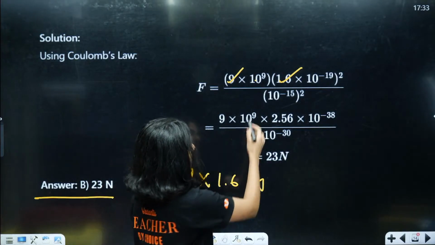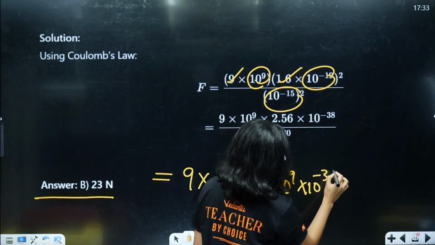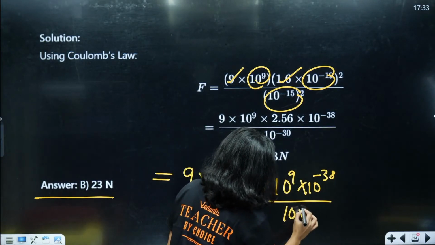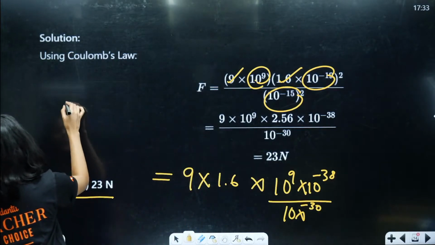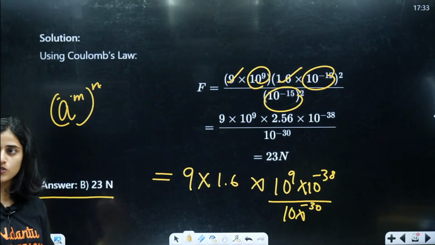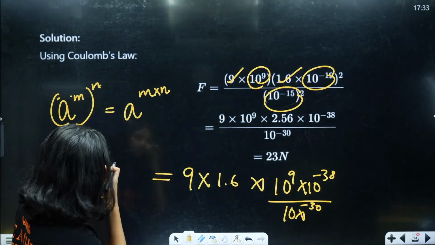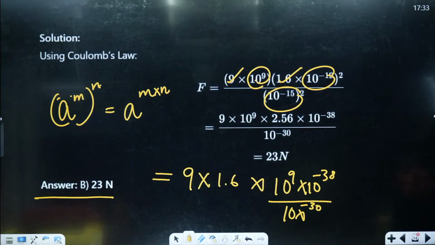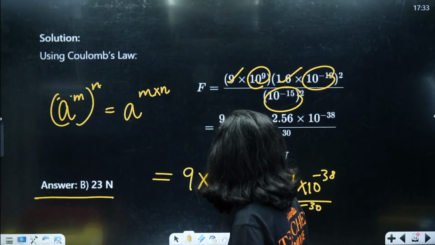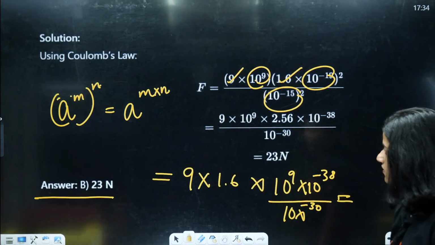So 9 into 1.6 times, let's take all these three powers: 10 raised to 9 into 10 raised to minus 38, 10 raised to minus 30. How did I get minus 30? It's minus 15 square. You might have learned this in maths: A raised to m, whole raised to n, would be A raised to m into n. So 10 raised to minus 15 square is 10 raised to minus 30.